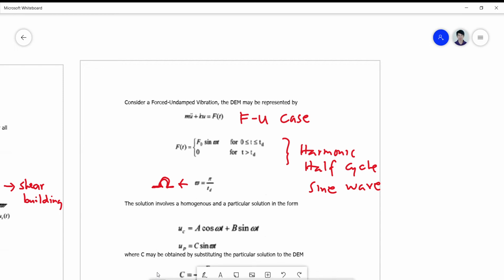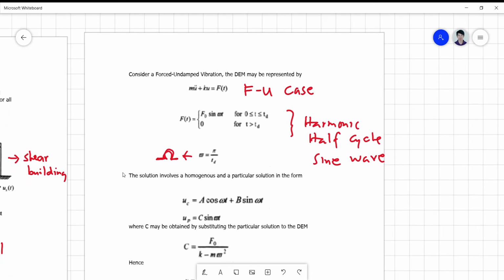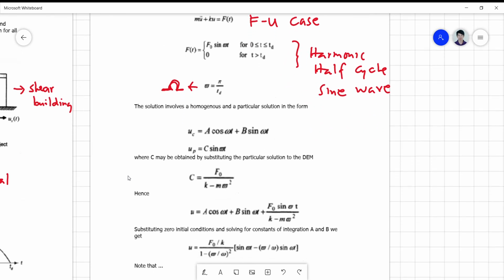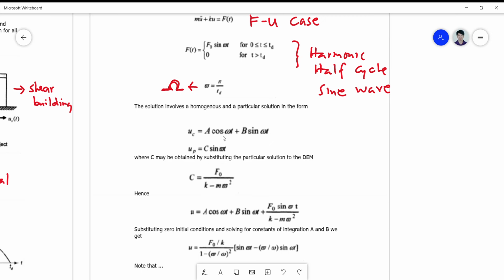Okay, so the solution involves now a homogeneous and a particular solution. So you derive this in your advanced mathematics. For the homogeneous solution, it's a simple sine cosine function, and the particular solution must be of the same form of the loading function. So this is also C sine omega bar t, where C may be obtained by substituting the particular solution to the DEM.